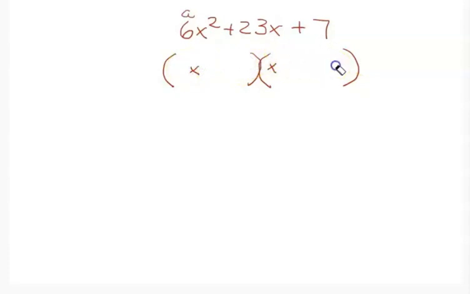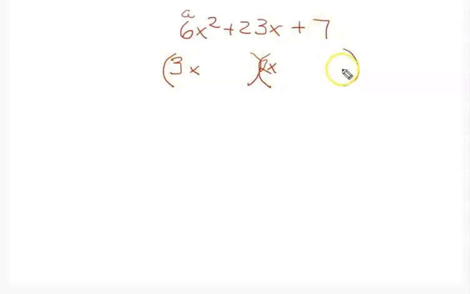Now, one thing we do know is that there's going to be an x there and an x there. So what next? Well, 6. What are the factors of 6? It could be a 3 and a 2.